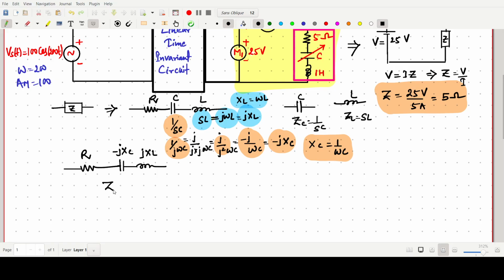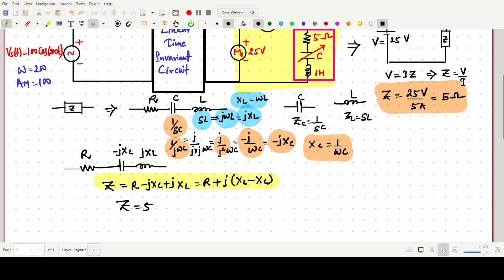So the equivalent impedance can be written as R minus J XC plus J XL, or simply we can write R plus J (XL minus XC). You can directly write also, but how we have to write that I will show you. Okay, XL minus XC.